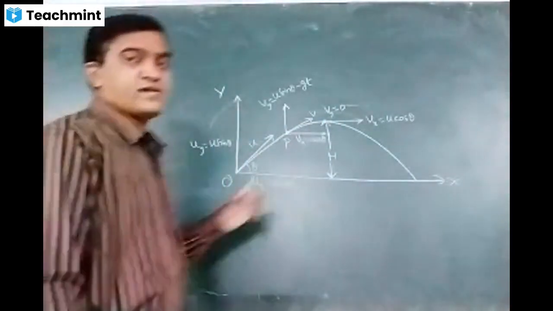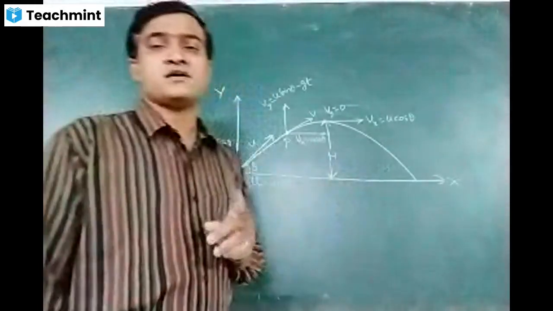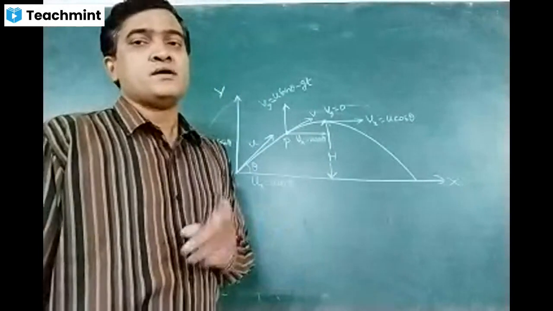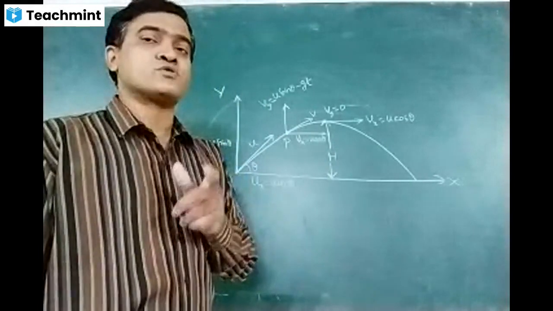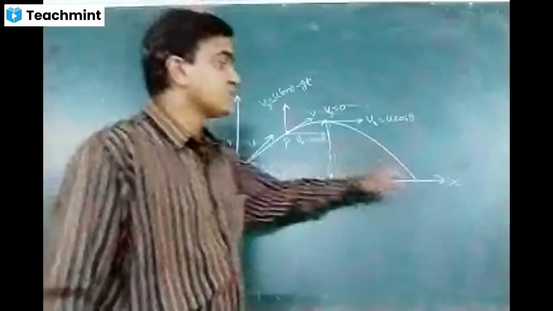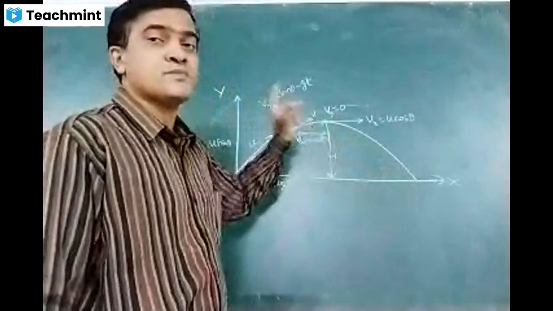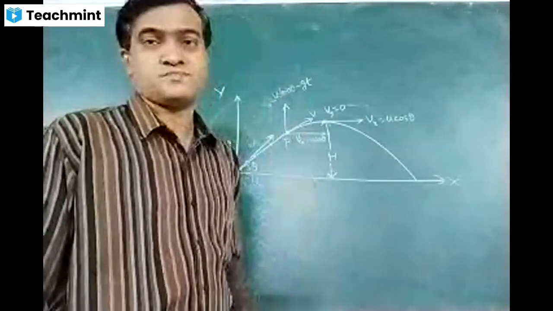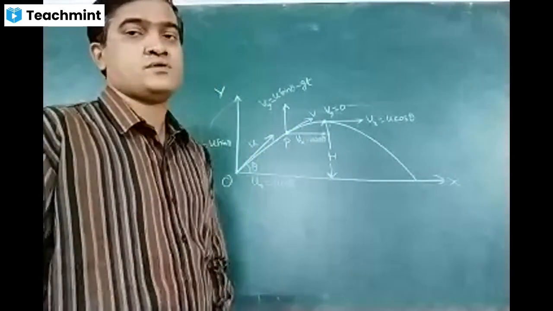So when I define time of descent, in the definition itself I am using the word maximum height. Time taken by a projectile to reach the ground from maximum height is called time of descent.